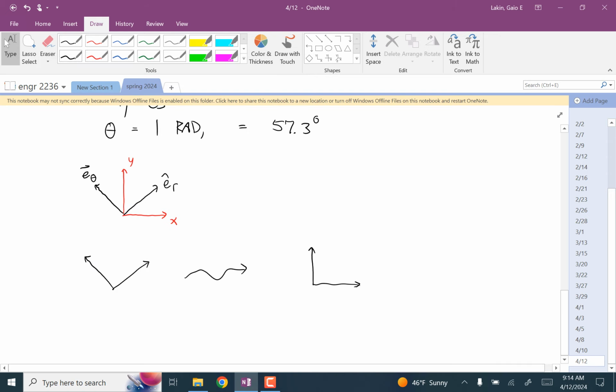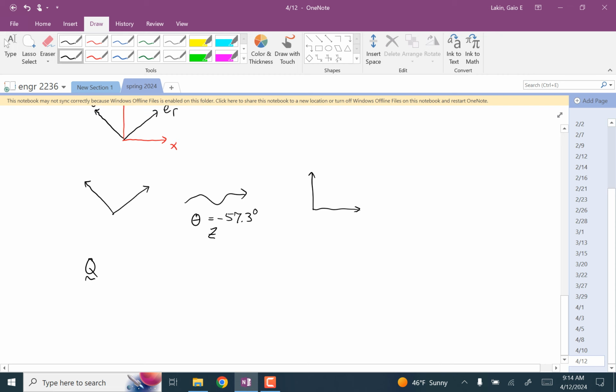Is it going to be a positive or negative rotation about z? Negative. Negative, that's right. It's clockwise. So theta is equal to negative 57.3 degrees about the z-axis. Okay?